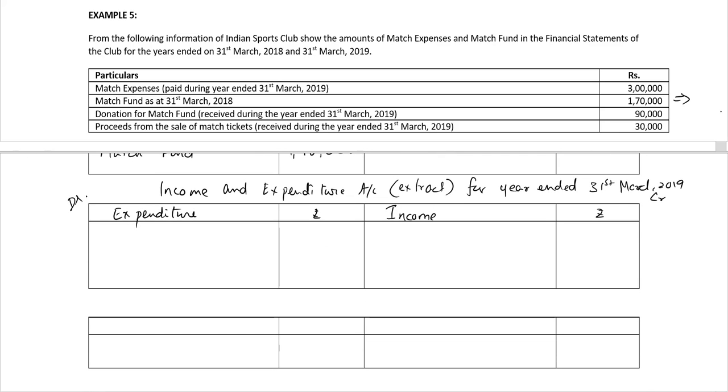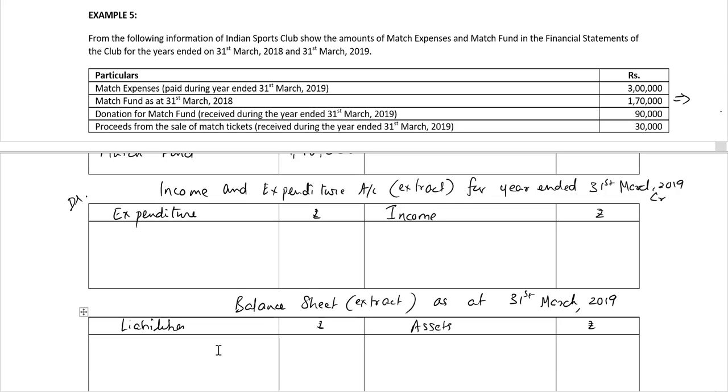Below that we will depict the balance sheet extract as at 31st March 2019. Left side liabilities and right side assets.